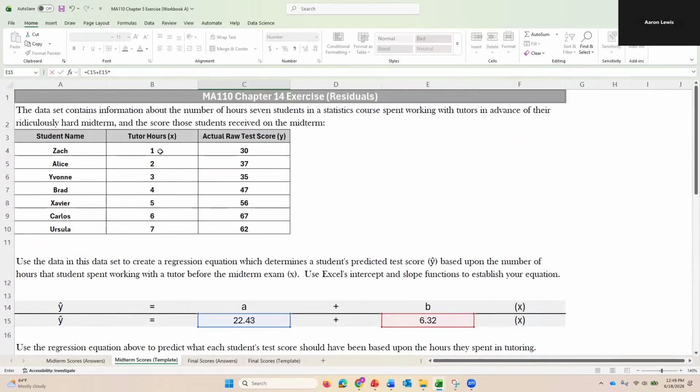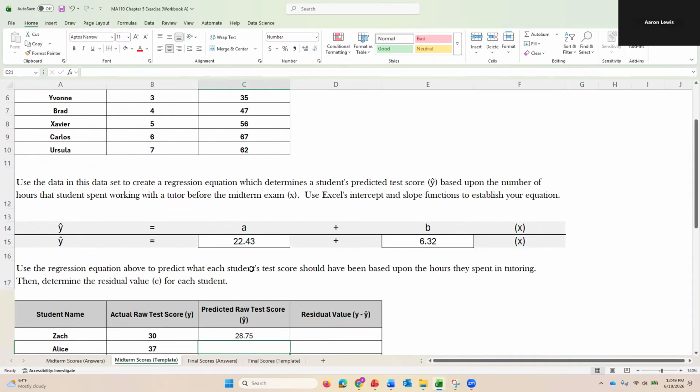And our information tells us that Zach actually went to the tutor for 1 hour. And our equation is going to predict that based upon the relationship we've observed between tutoring and performance, Zach should have got a 28.75 on the test.